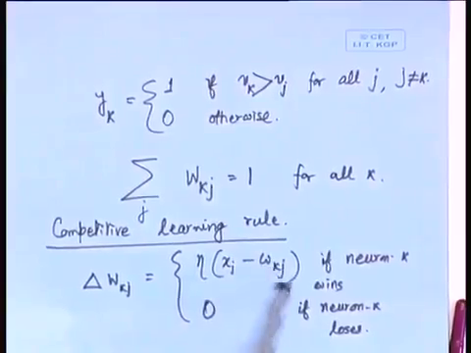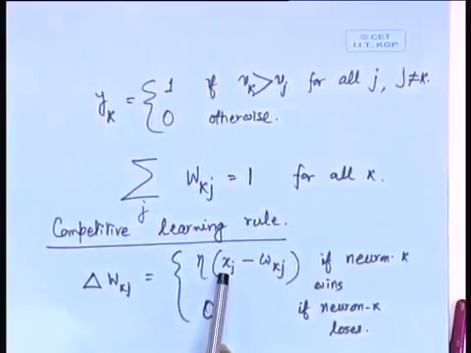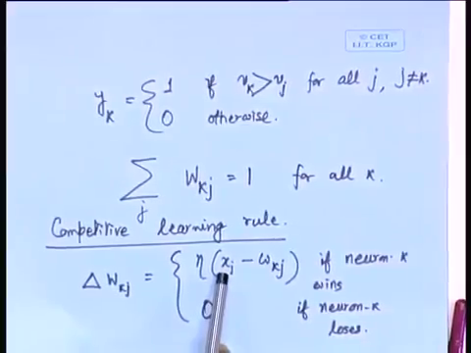In this case there will be some Wkjs which are greater than xj, and there are some Wkjs which are less than xj. Yes, you are very correct, but there this eta has to play a role. If the eta is small, then the oscillation will be less, but if the eta is large, then the possibility of oscillation could be more.